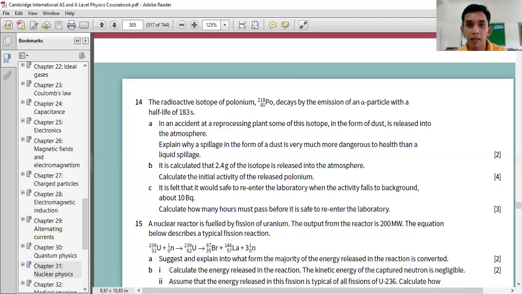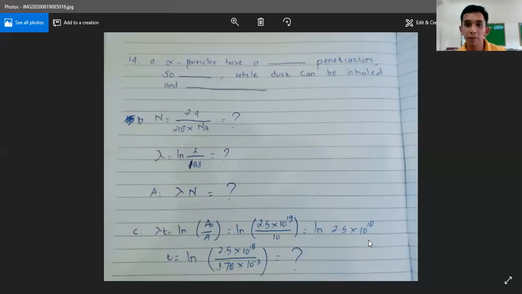Because there are 218 nucleons in this polonium, times the Avogadro constant. And yes, after that, you can find N.